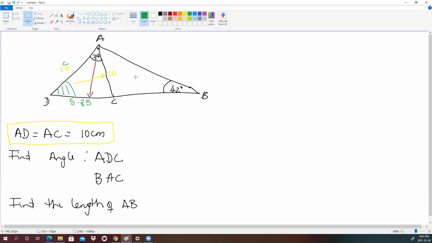All right. So tell me what you're thinking now for finding angle BAC, which is this part here. I'm going to put it in red.